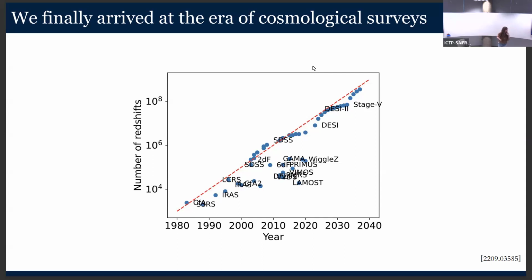I figured out how the photometric errors could impact your bispectrum. If you do photometric surveys, if you have a non-negligible error for your redshift, then you have to do tomography.